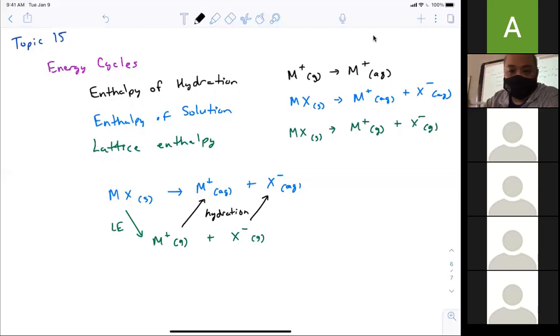It's called a cycle because it's just a different route to accomplish the same thing. If you add the lattice enthalpies and the hydrations of all the species involved together, you will get the enthalpy of solution.